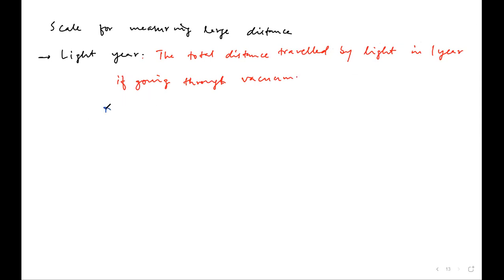So light year is nothing but distance, which is equal to speed into time. So 1 light year is equal to speed of light in vacuum, 3 into 10 to the power 8, and time taken for 1 complete year, so it will be 365.25.